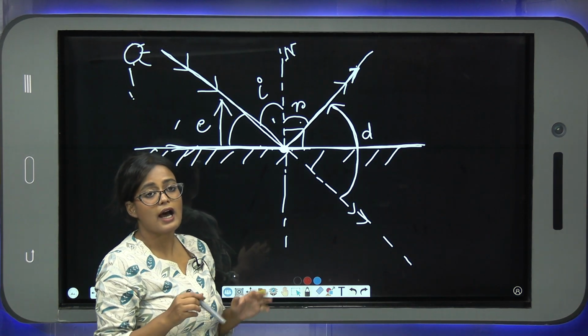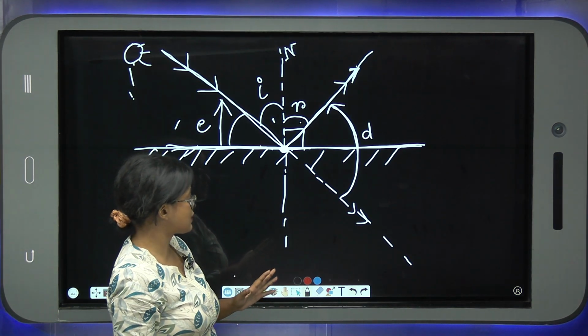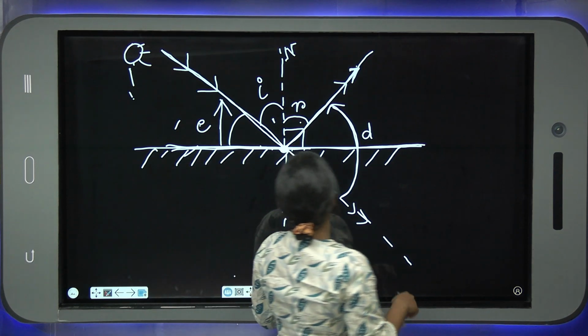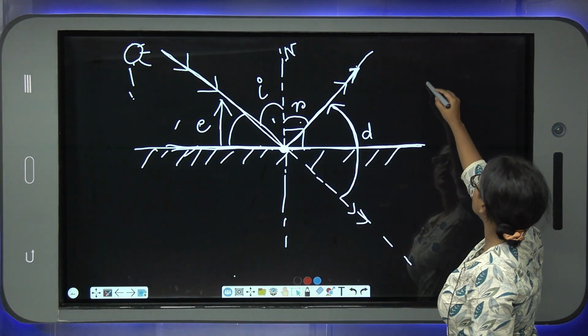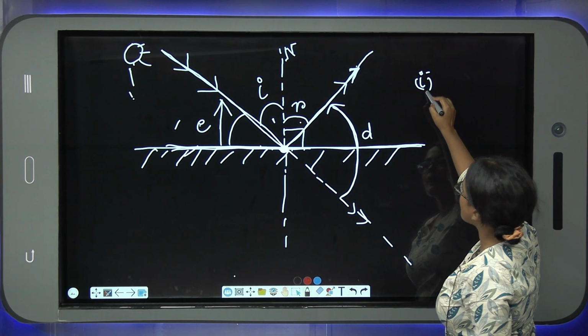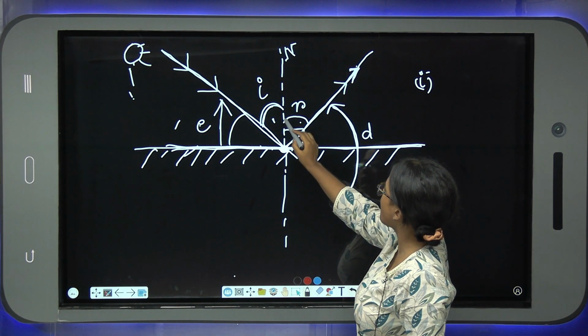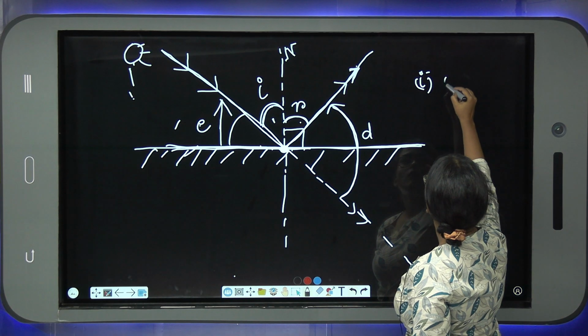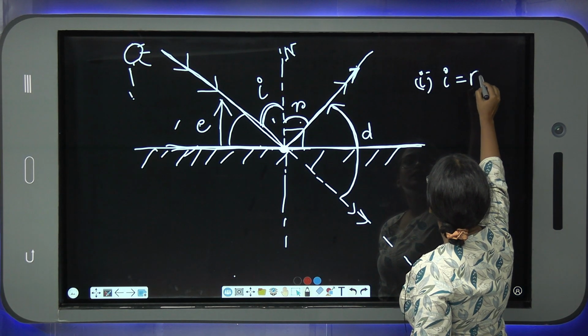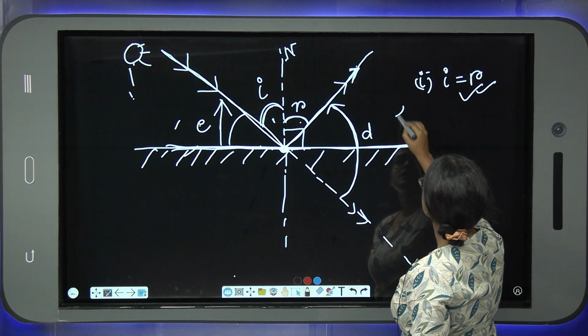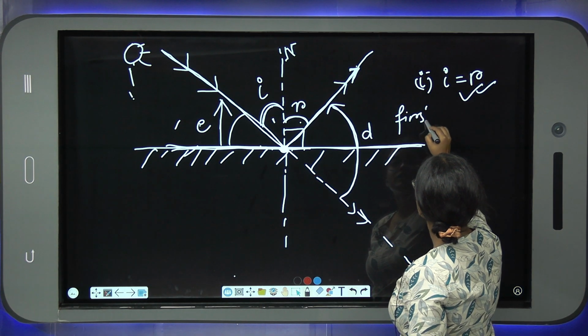So, here there are a few things to be discussed about these angles. The first thing is that the angle of incidence and angle of reflection are always equal. This is our first law of reflection.